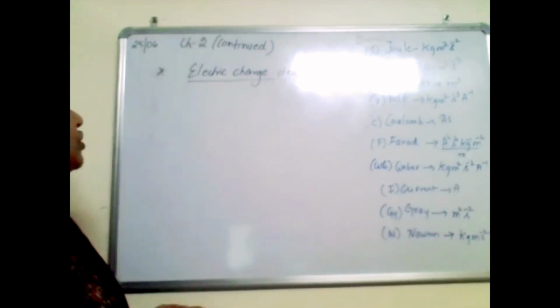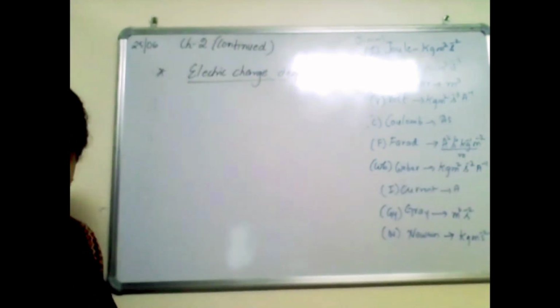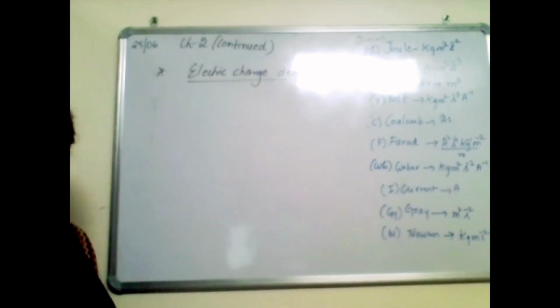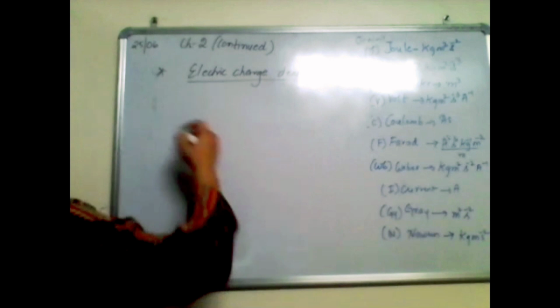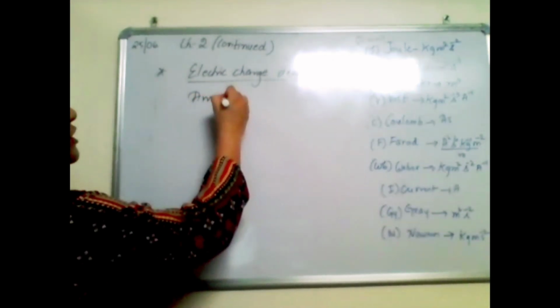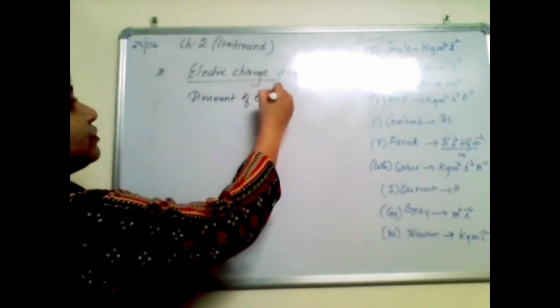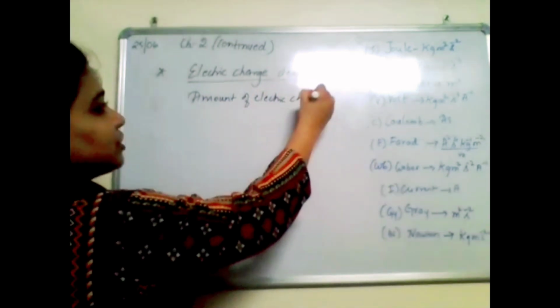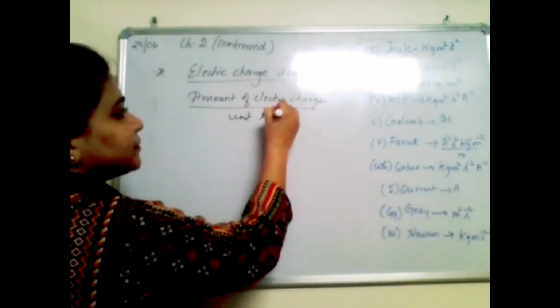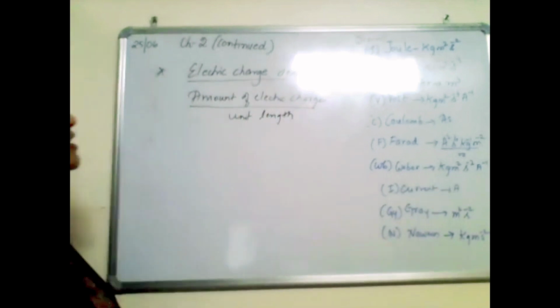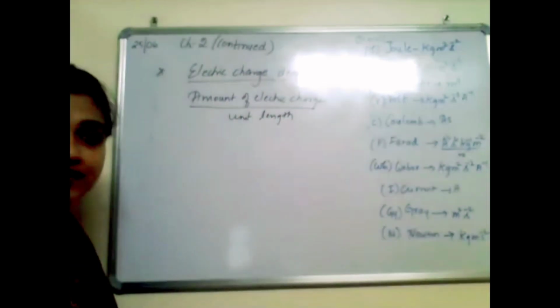So therefore, electric charge density. Electric charge density is nothing but the amount of electric charge per unit length. Okay? Amount of electric charge per unit length is called electric charge density.